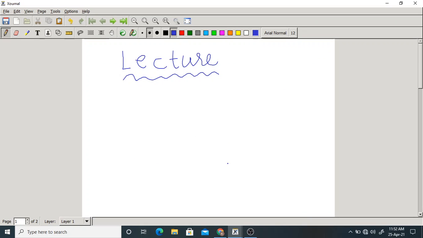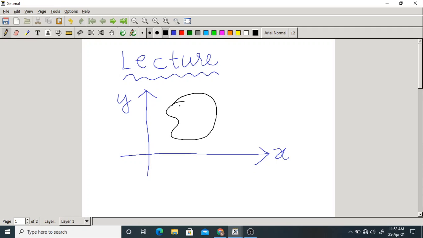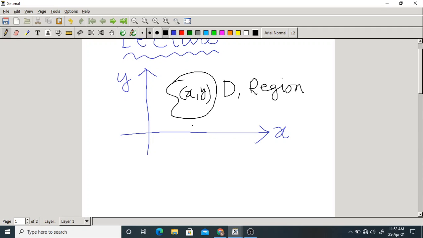Before that, let me take a two-dimensional space, x and y. Why am I taking it like this? Suppose this is a region D, which belongs to x comma y. This is two-dimensional, which means we're dealing with two random variables.